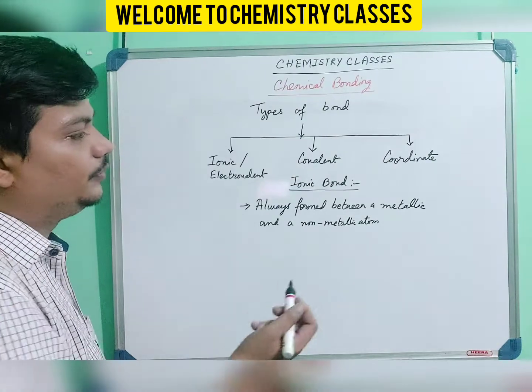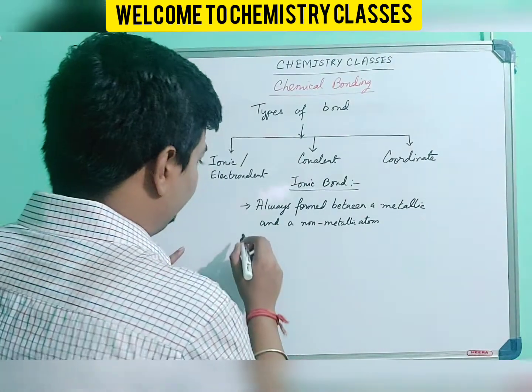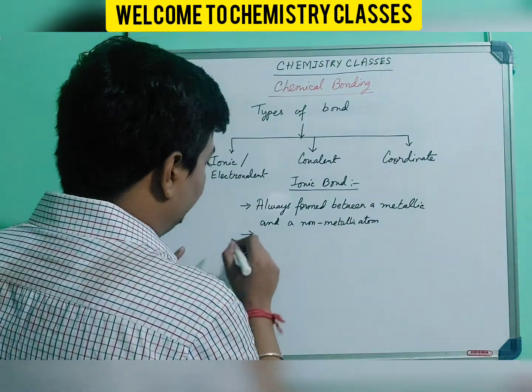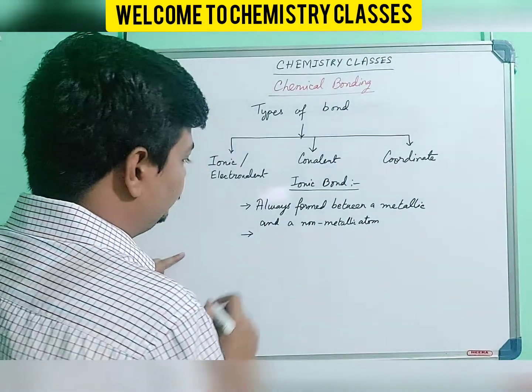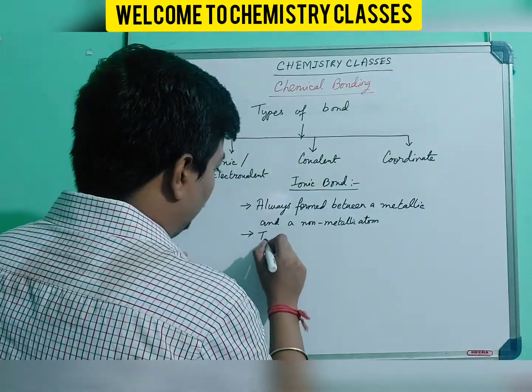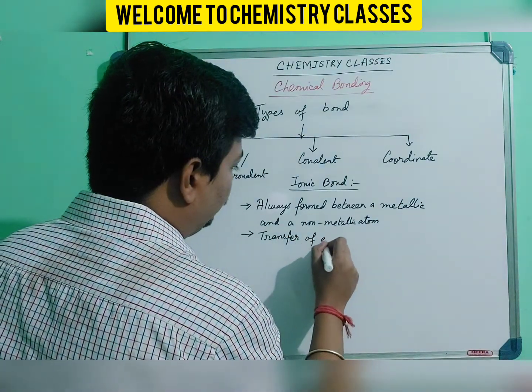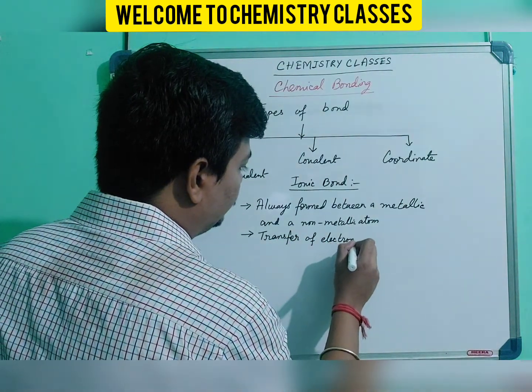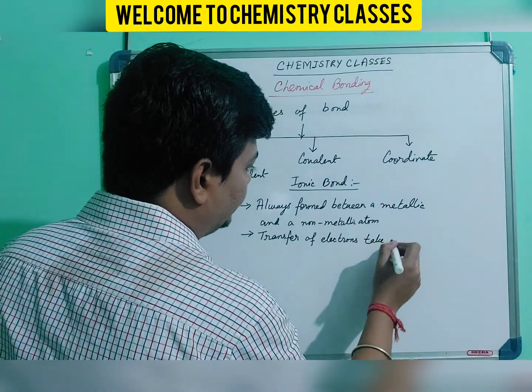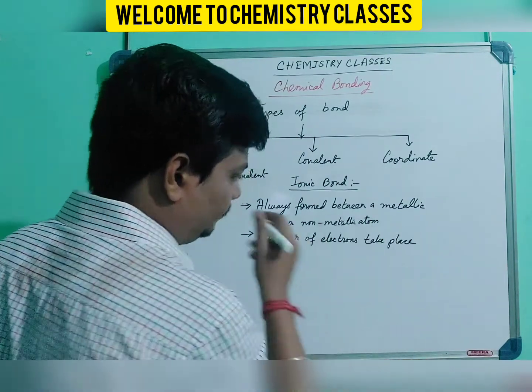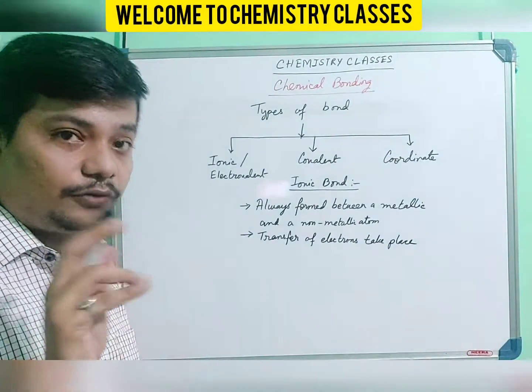So it is always found between a metallic and a non-metallic atom. The second property is that transfer of electrons takes place.